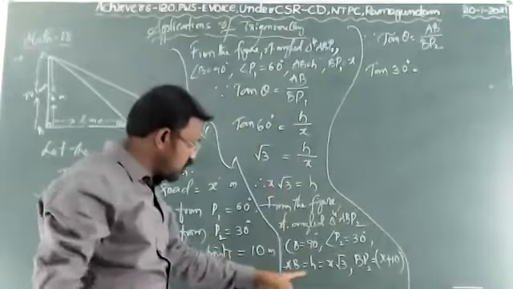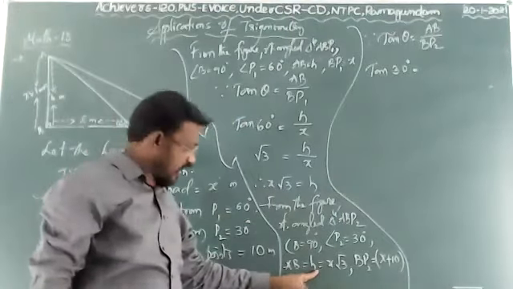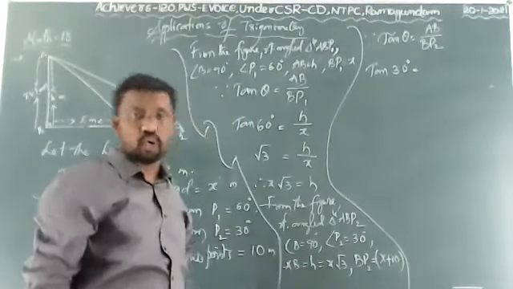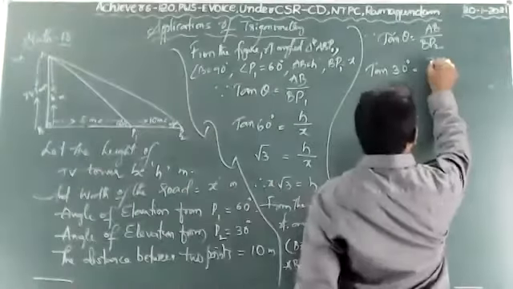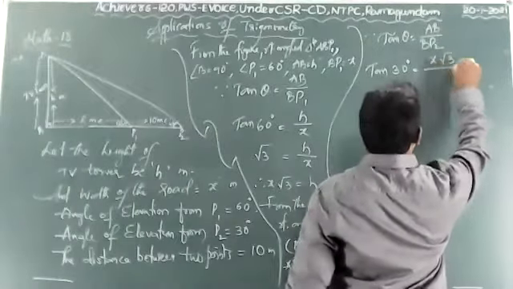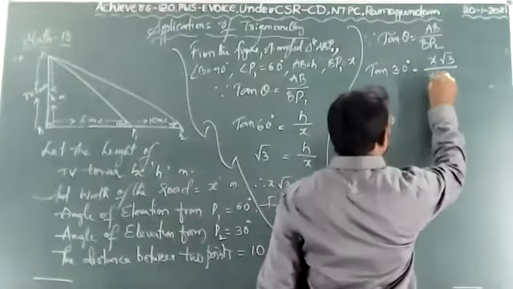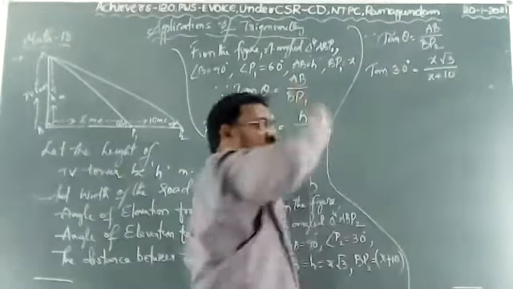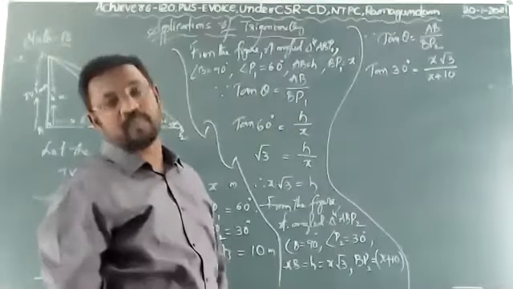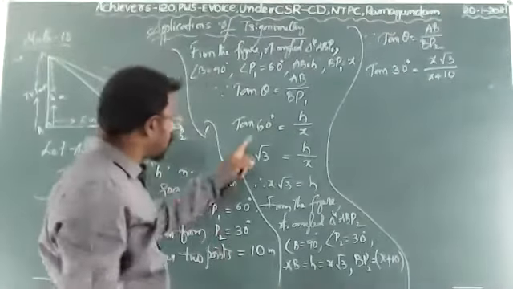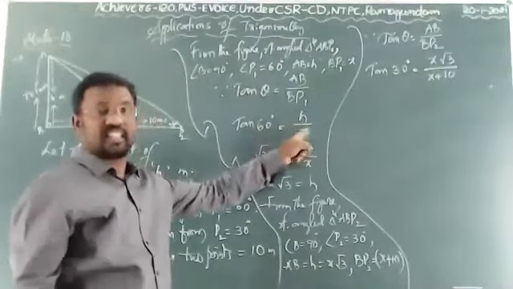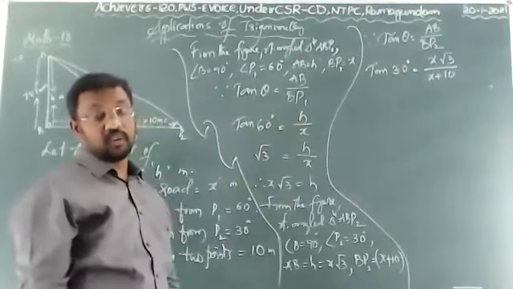And AB is equal to H. You can write in the place of H, that is X root 3 also, X root 3 by BP2. BP2 is equal to, already you know, X plus 10. Now calculate here, you will get the X value. Because in this equation if both H and X are there, you can't get the value.